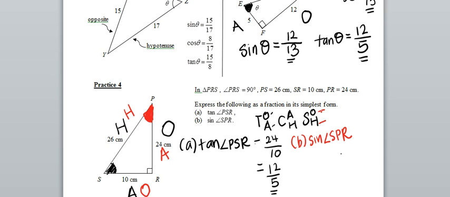So SOH, the opposite, for the red pair, is the side SR, 10, over the hypotenuse. The hypotenuse stays the same, so it's the side 26. Let us simplify this. The simplest form will be 5 over 13. Have you gotten the answer?